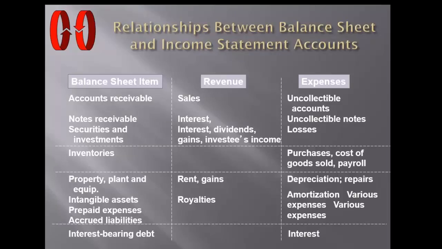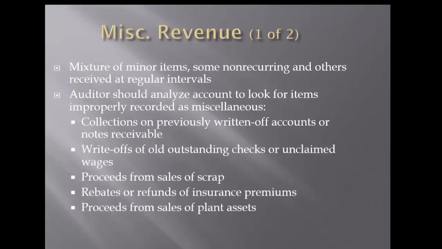Payroll relates if we are auditing a manufacturer. Property, plant, and equipment relate to rent, gains, and so forth. Depreciation, and then any interest-bearing debt, we're interested in the interest.